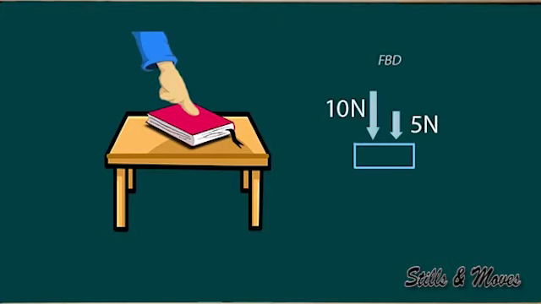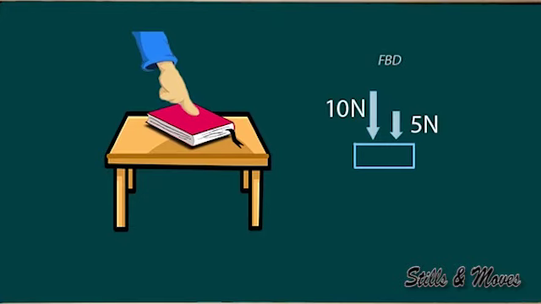Now if the book continued to be held up by the table, that is, it could handle all these forces, the normal force would have to balance out both of the forces pushing down. So we have 5 newtons down, the force of gravity, but then an extra 10 newtons down, and those we can add for a total of 15 newtons pushing down.